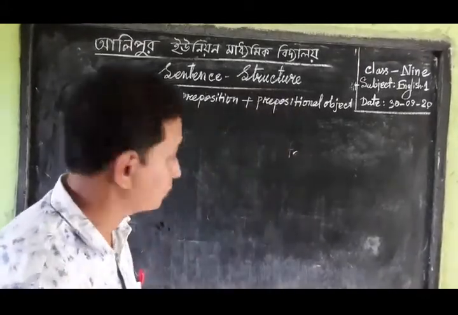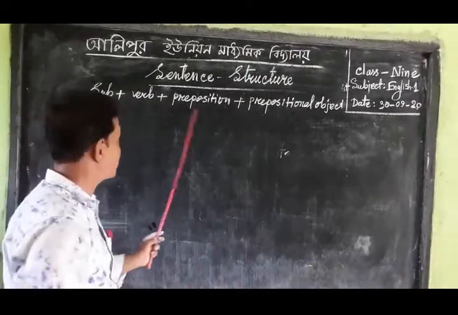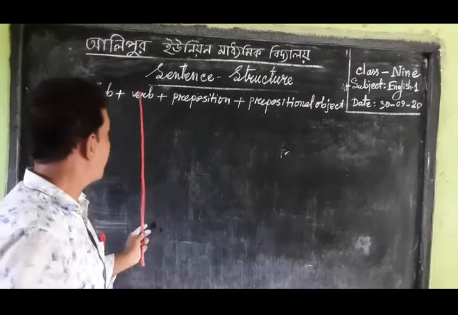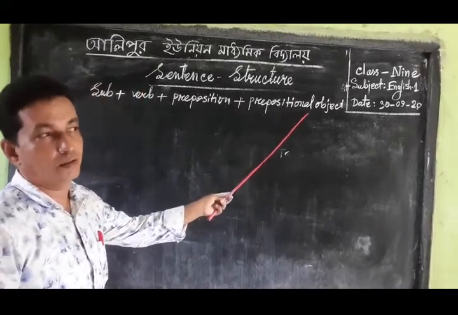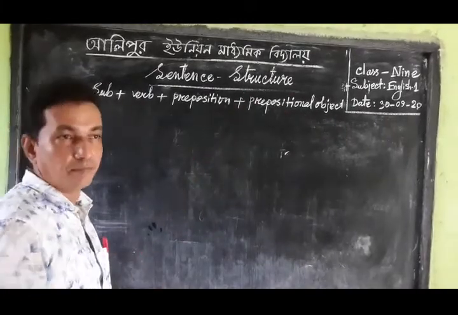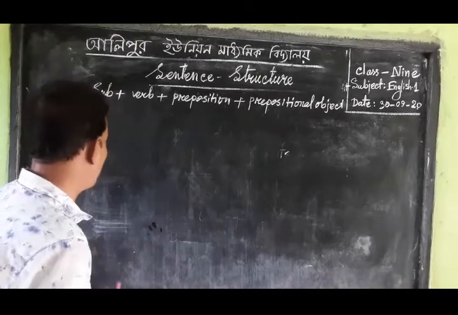Dear learners, here is an example of a structure: subject, verb, preposition, and prepositional object. Now I am trying to give an example using this structure on the blackboard.